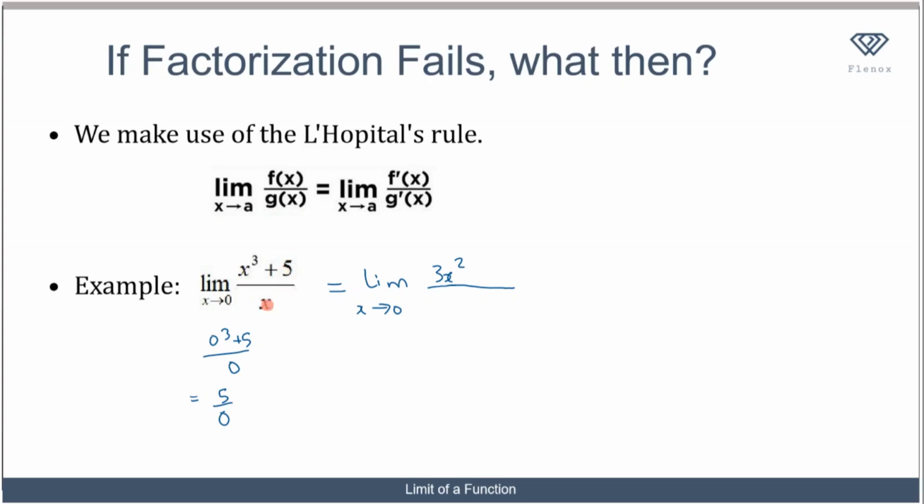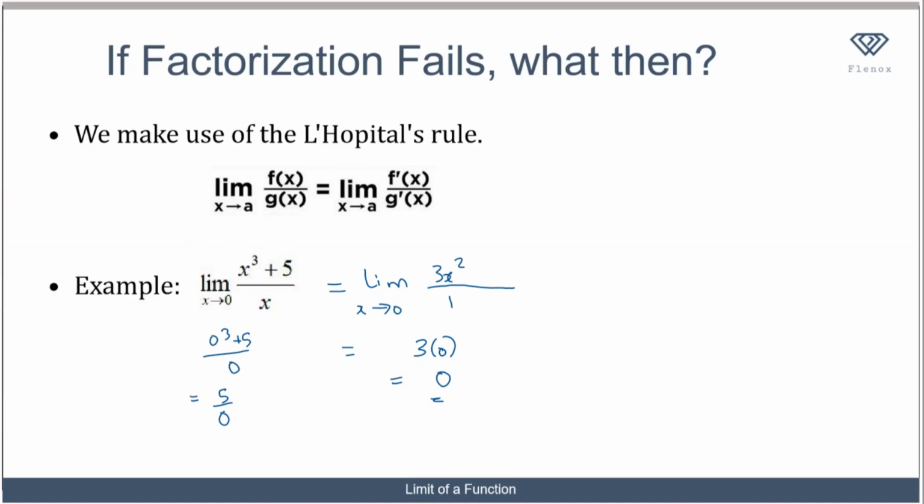And when I differentiate x, the denominator, I get 1. So now I can put the value of x as 0 into this expression. I have 3 into bracket 0, and that is equal to 0. So the limit of this function as x tends to 0 is equal to 0.